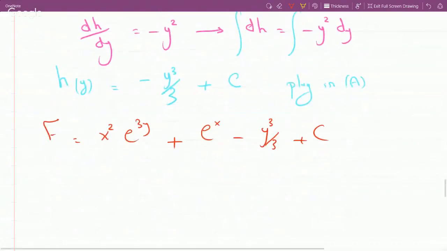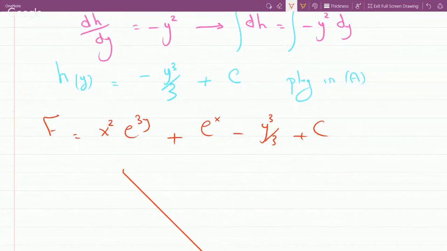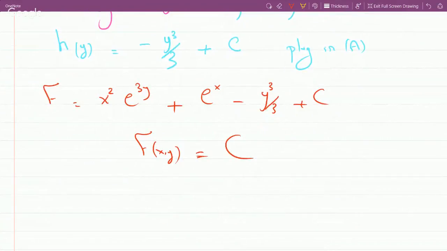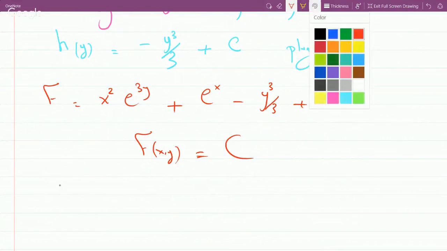And one of the requirements for this method to work is that f of x comma y equals some constant c, another constant c. So I can remove this f, plug in another c, and then add the c's together to make one c.